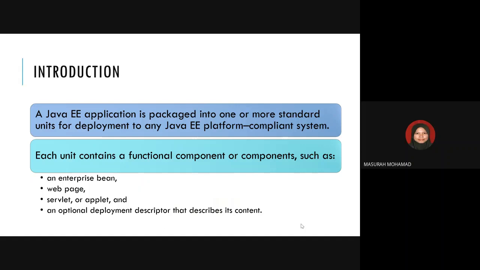Each unit may contain a functional component or more than one functional component, such as an enterprise bean, web page, servlet or applet, and an optional deployment descriptor, which describes its content.